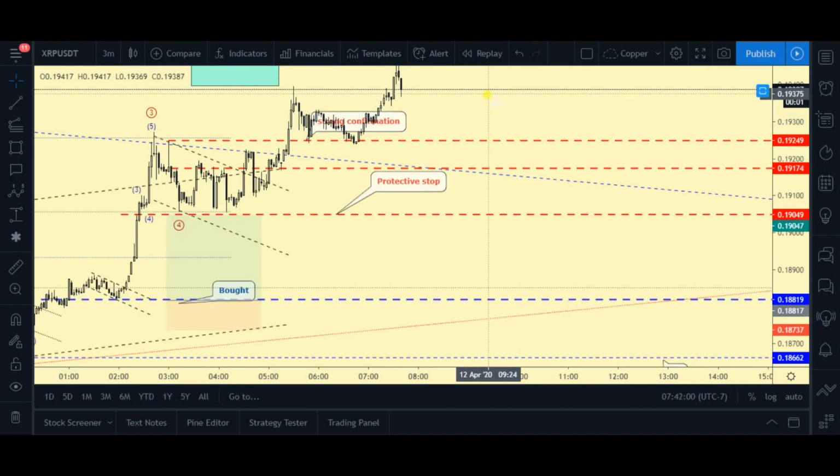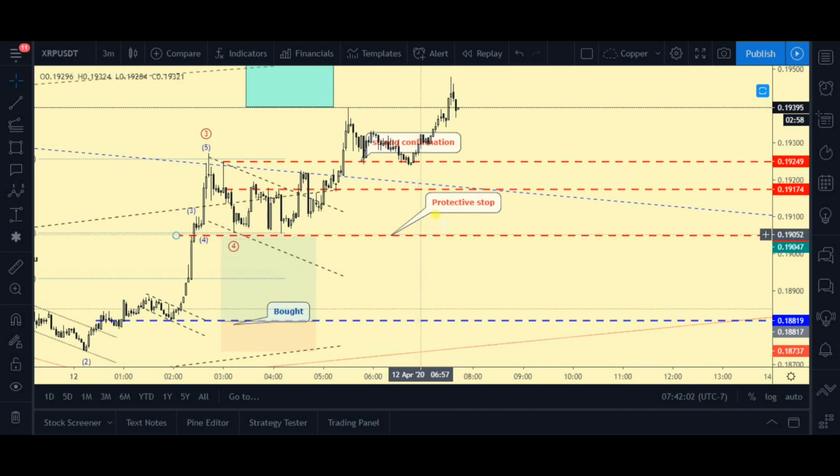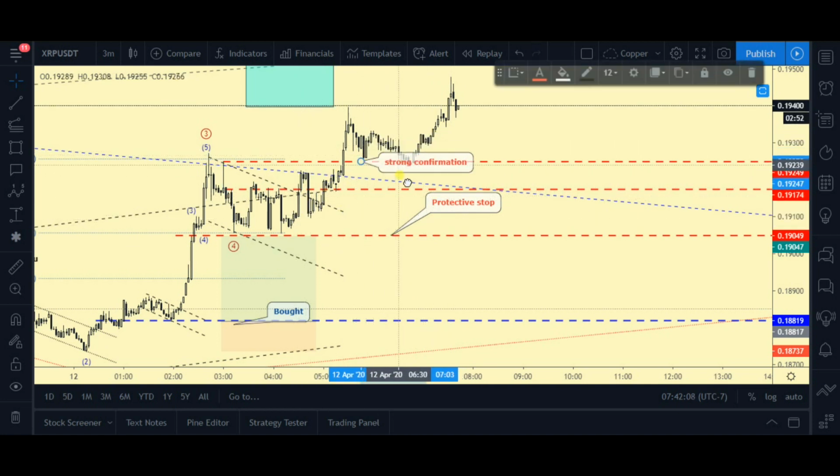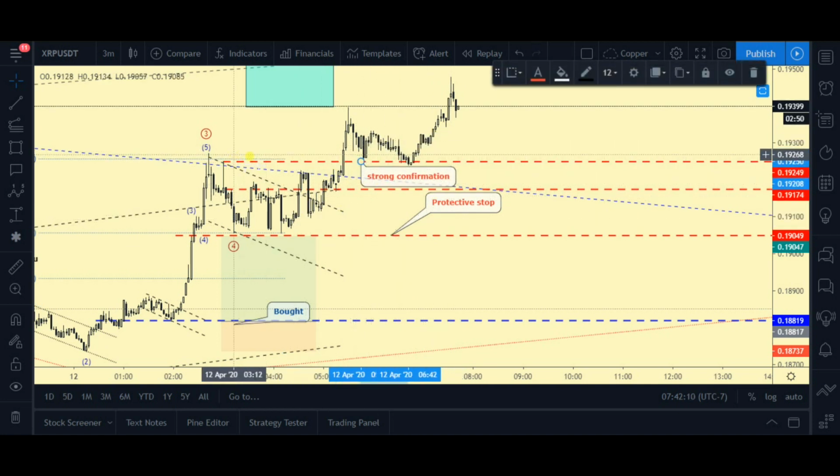Okay, so finally now we can see this was a protective stop here, and then we can see that this line has been broken, and this resistance has been broken, and it became the support and is continuing higher.